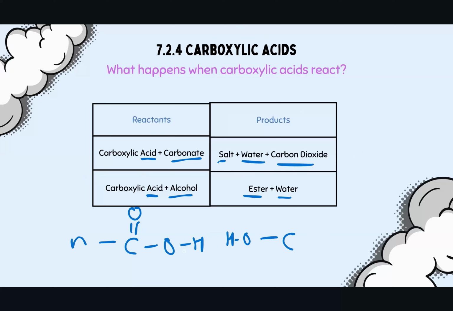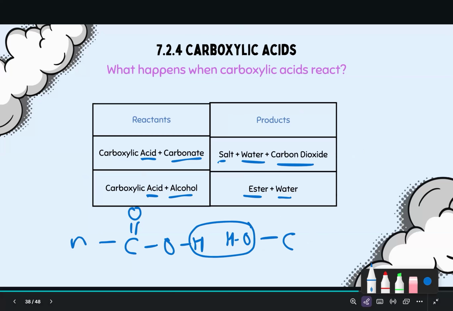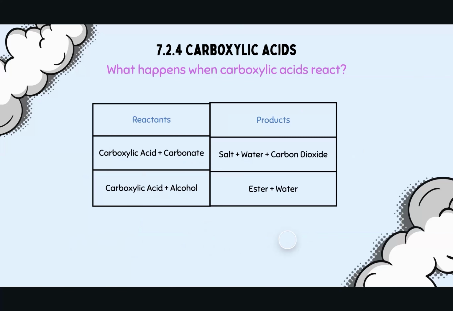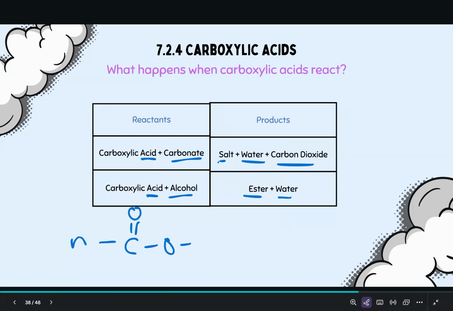Over here, we've got our alcohol group. Now, this is a dehydration reaction, as in water is removed from it. So what will happen is this water part here gets removed. And that remaining part of the ethanol attaches there.